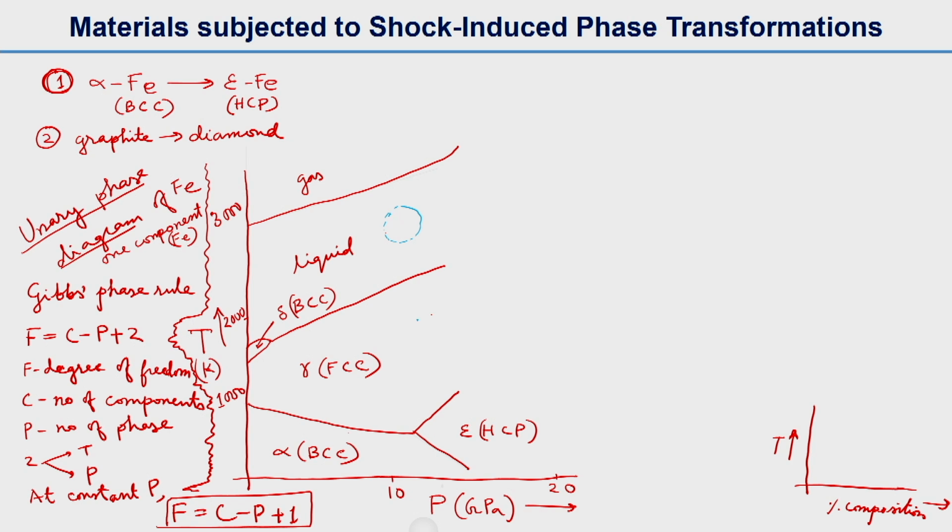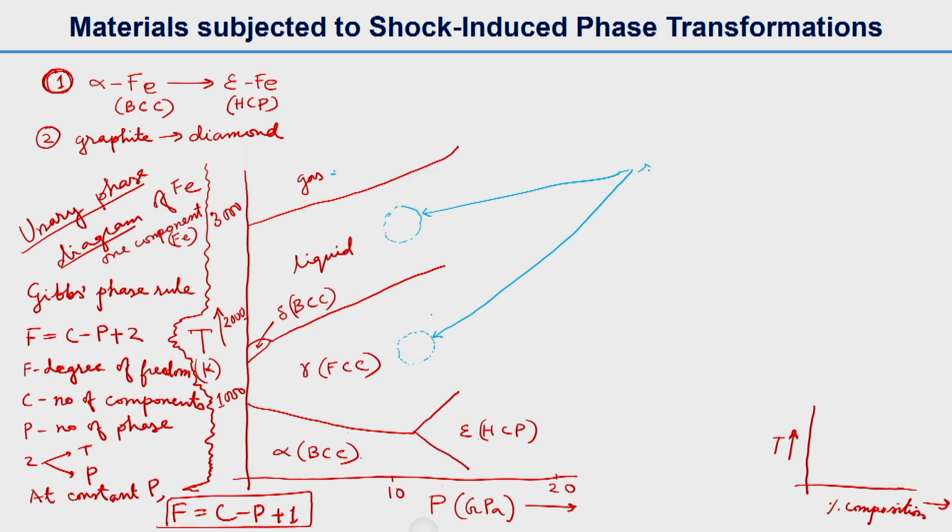This is a single phase region where only liquid exists, and here is another single phase region where only the gamma phase exists. Similarly, the gas region, the alpha BCC region, and the epsilon region are all single phase regions, but for this illustration we will show only two single phase regions.